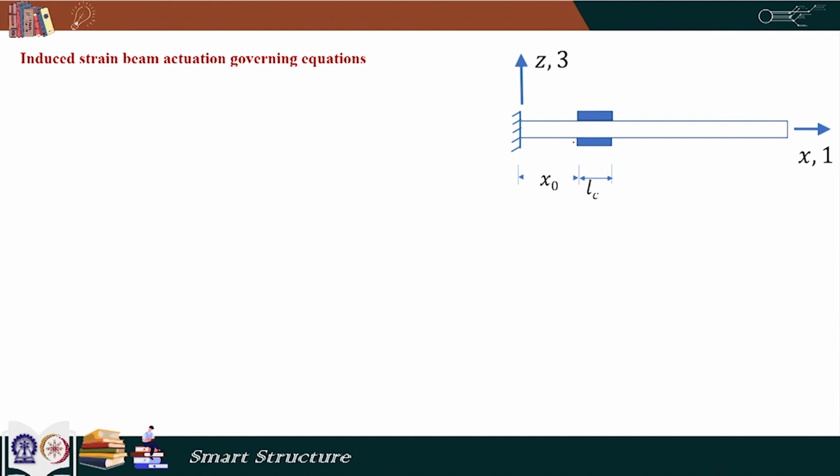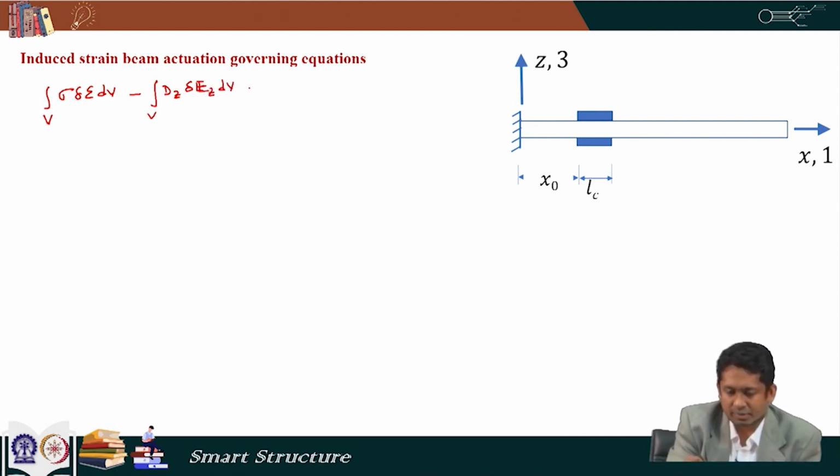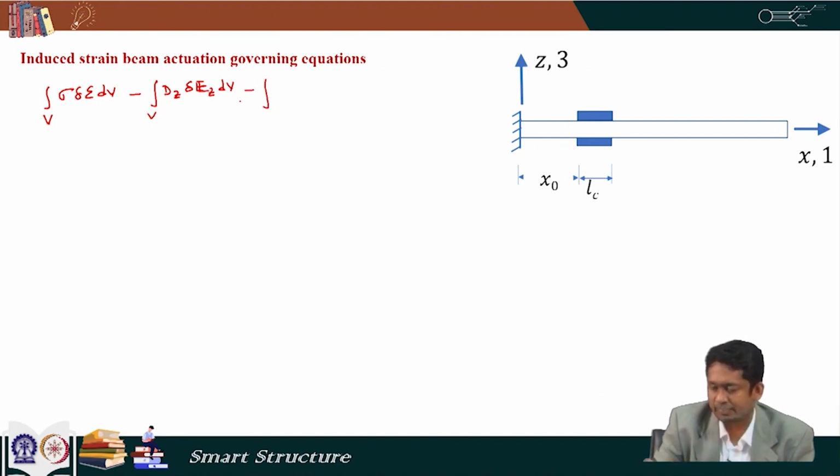So for this beam, if I want to write down the virtual work form, it looks like this: sigma multiplied by delta epsilon minus Dz multiplied by the variation of the electric field, minus.